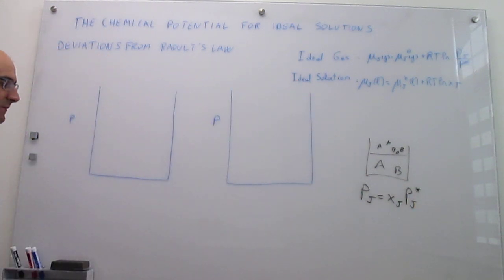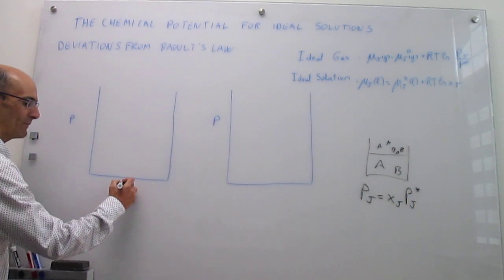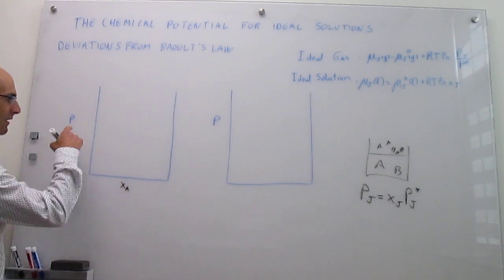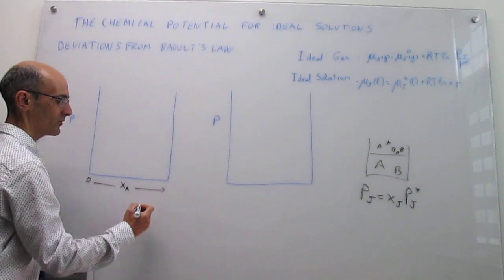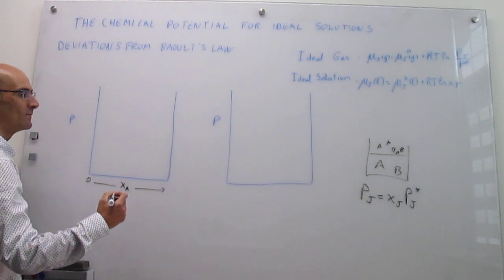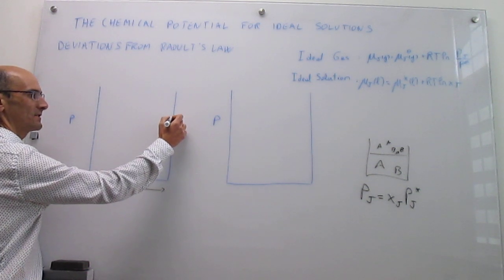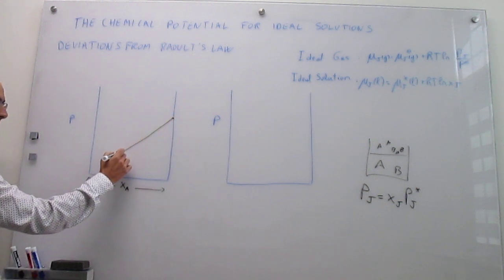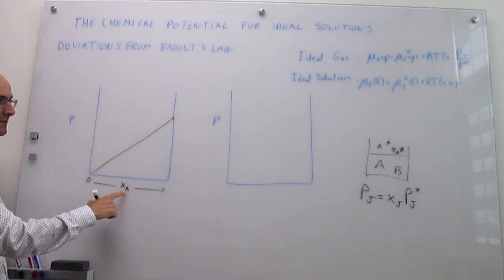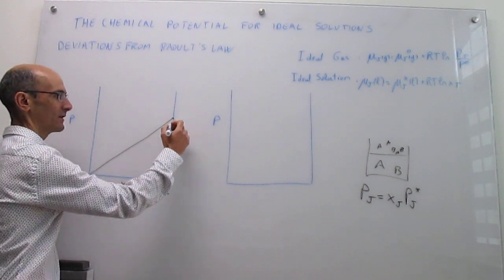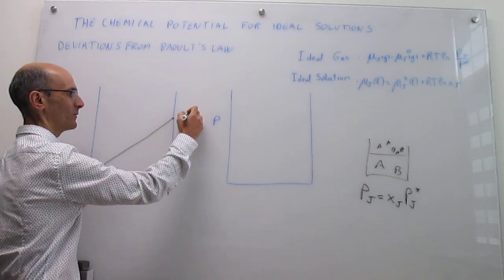What that means is that if you do a vapor pressure versus composition diagram in the liquid, you're going to get some straight lines connecting the points from no presence of liquid A to pure liquid A, and that will be the vapor pressure of A when pure.